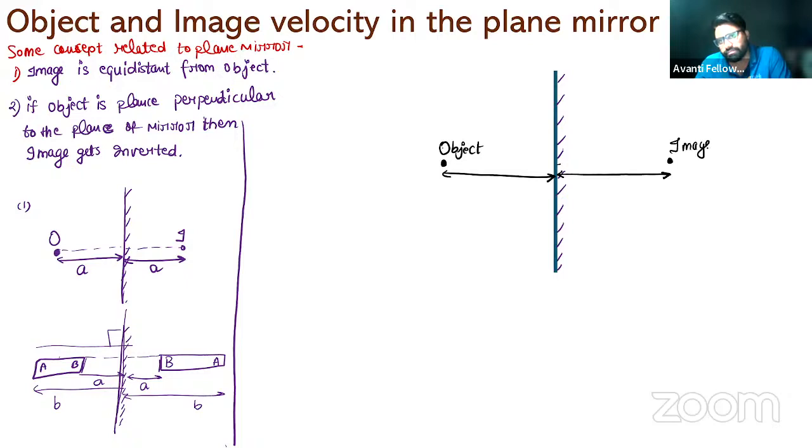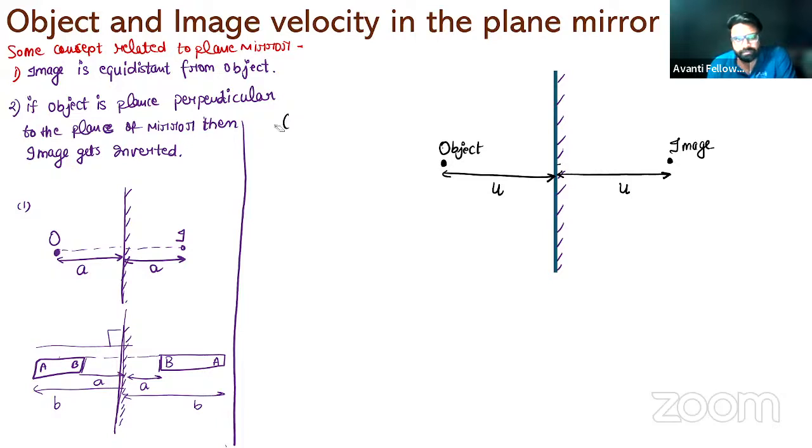Got it? Now we know that this distance of the object we are denoting by u, and this distance is also u.